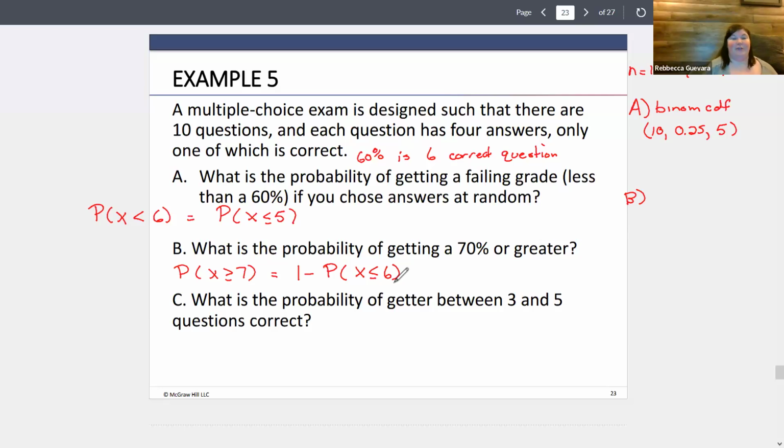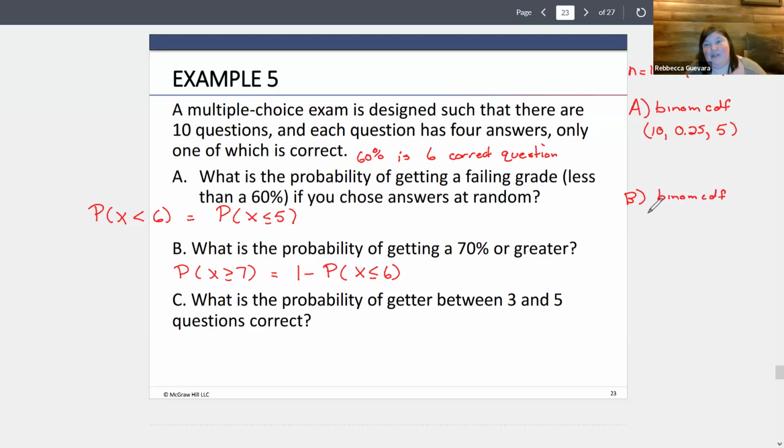If 70% or greater means that I get 7 or more questions correct, the opposite of that is that I'd have 6 questions or less, which would be not a 70 or greater. So that'd still be the binomcdf.